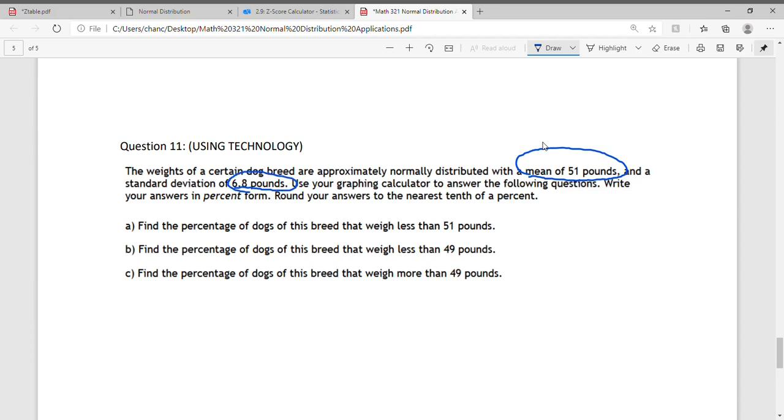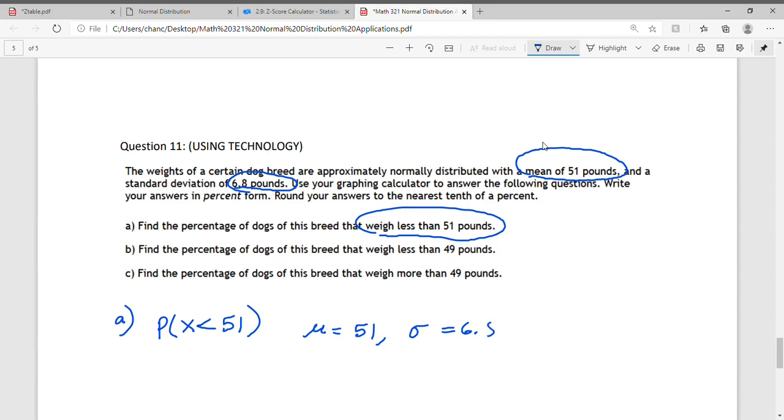And now for part A, we want to find the percentage of dogs of this breed that weigh less than 51 pounds. So for part A, I'm looking for the probability that X is less than 51 pounds. We know the mean is equal to 51, and we know the standard deviation is equal to 6.8.